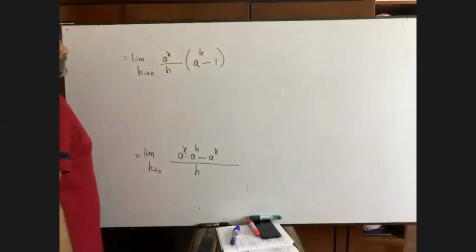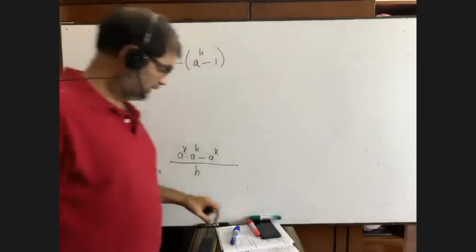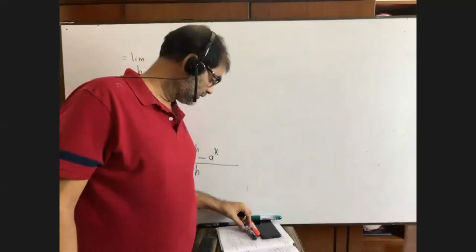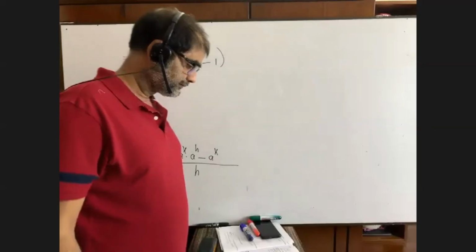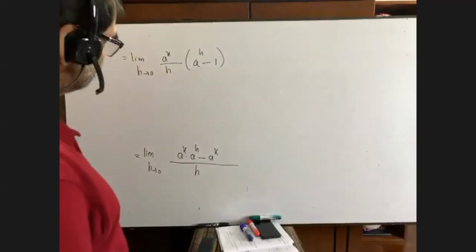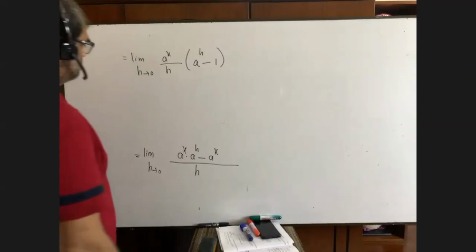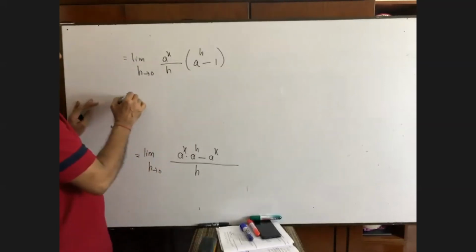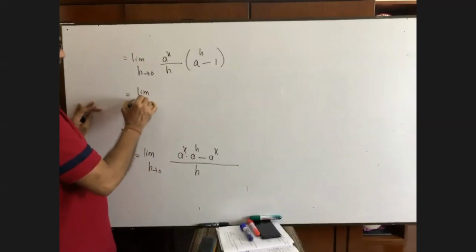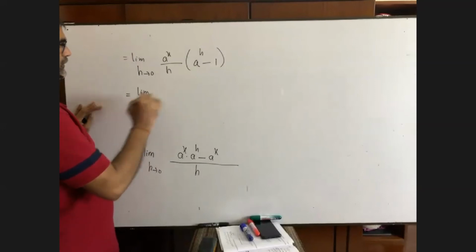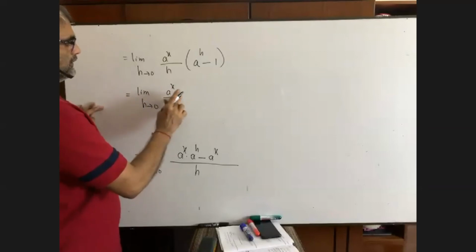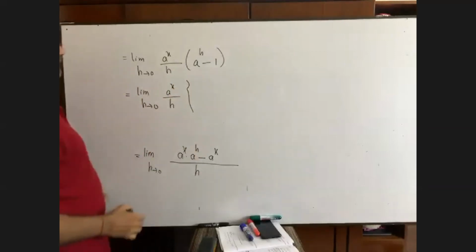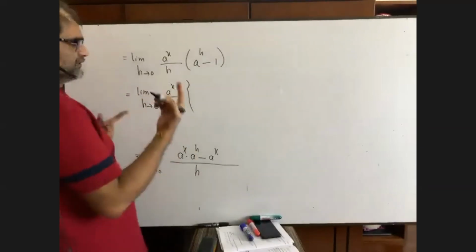Now, what is the formula of a to the power h? Who can tell me what is the formula of a to the power h? Can you please let me know? Is there anyone here? Limit h tends to 0, a to the power x. Now, it is 1, same formula.